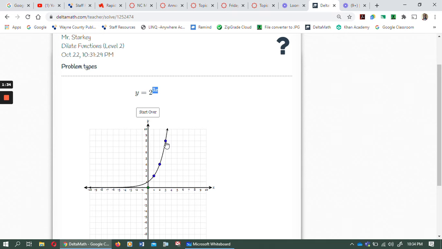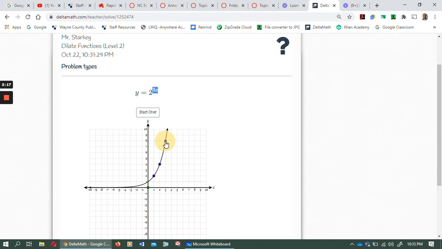So let's go ahead and do this really quick. With these horizontal dilations, you're going to deal with the x values. If your scale factor for this one is 1/3, then you need to pick a point where the x value can be multiplied by 1/3 and still give you a whole number.